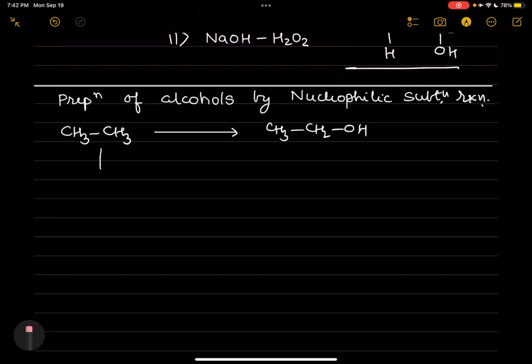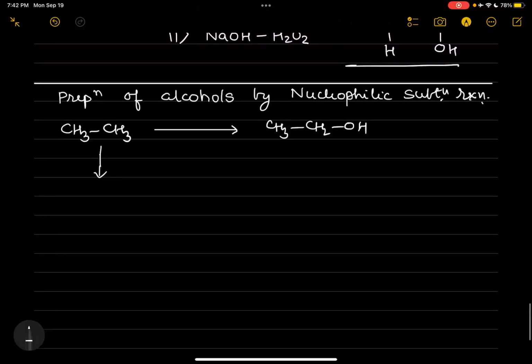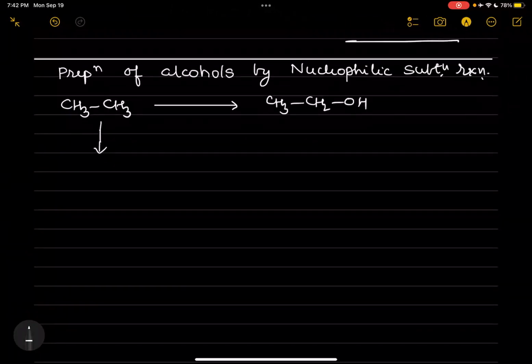Sir, Grignard reagent. No, not Grignard. Actually, just remember one thumb rule, and it is going to help. I tell every day to all of my students, even my JEE students, IIT students, NEET students who are preparing. Very basic thing.